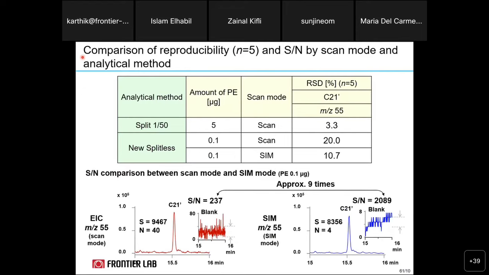The splitless analysis we have done in scan mode and SIM mode. The SIM mode can improve the sensitivity and the reproducibility, particularly for this low-level analysis. So that means we recommend using SIM mode analysis when you are doing nanogram level analysis with this multifunctional sampler.